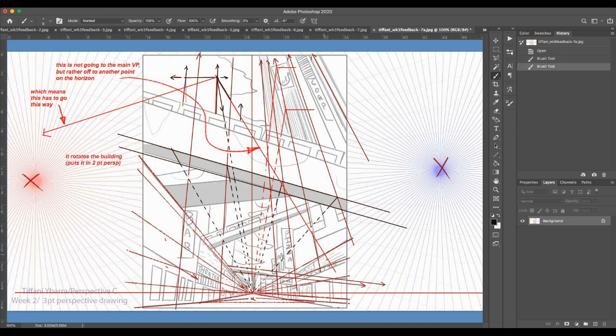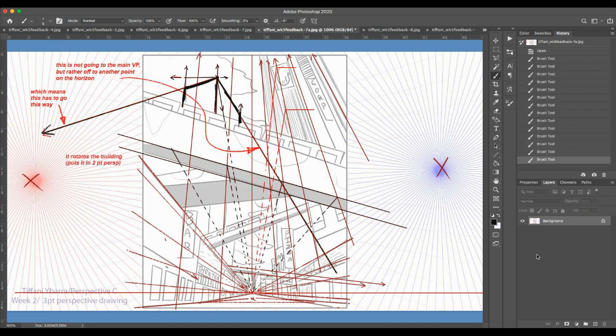Or if you do, it means that this line has to go down here, and the upper edge of the building would be there. And you could do that, which would mean you've angled the building, which would be fine. Okay, so that's about it.